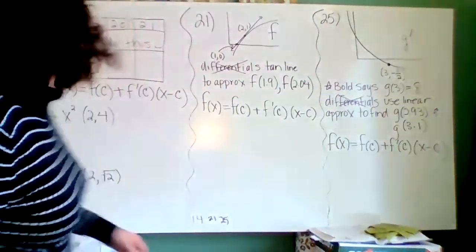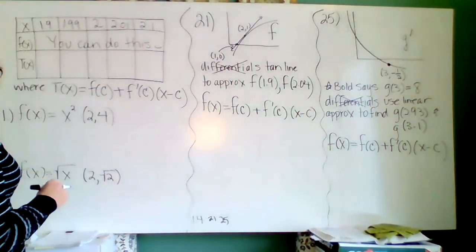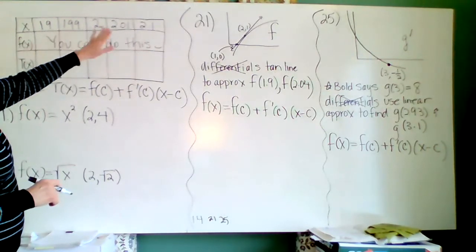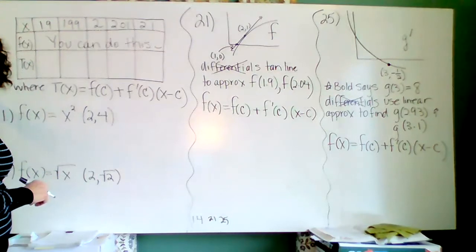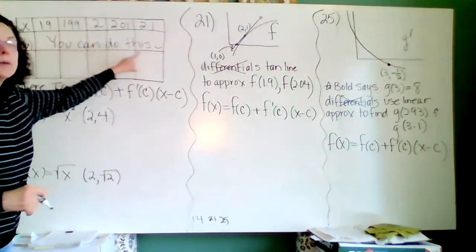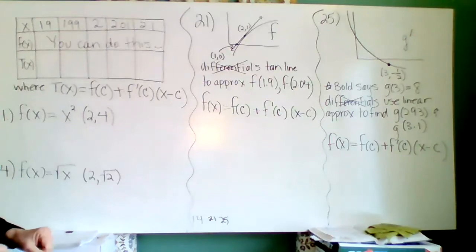Okay, let's see, for 1 and 4, I made a chart because they both use the same chart. They give you a list of x's for 1 and 4, where they give you the function. I am assuming you can fill in the second row.